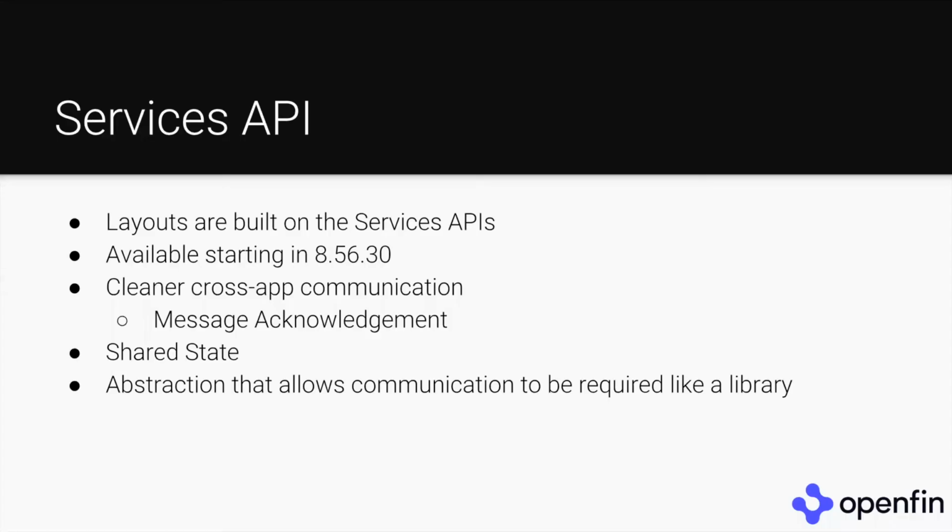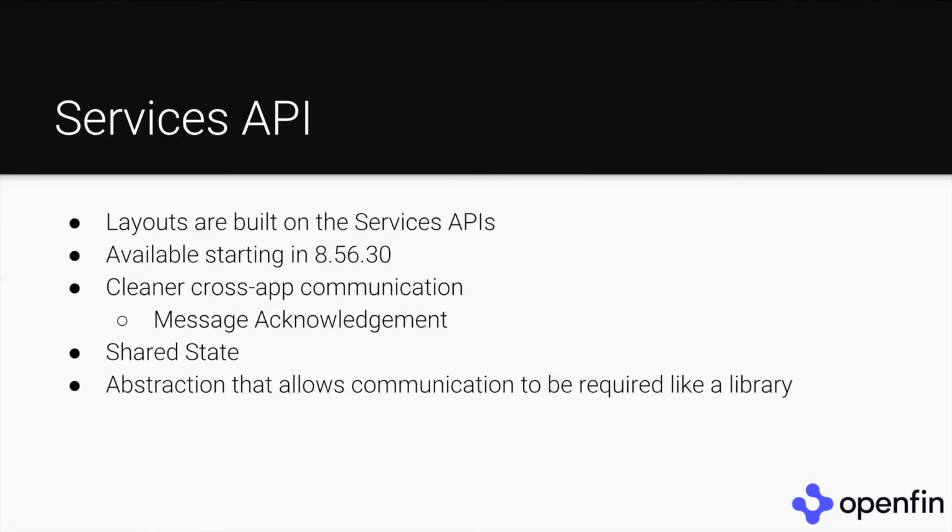So the desktop services themselves are built on a new set of APIs that we've introduced as of 856.30.55, that being the latest stable release, that basically create much cleaner cross-app communication across the desktop. So many of you are probably familiar with the OpenFin message bus, or as we call it, the inter-app bus, IAB.